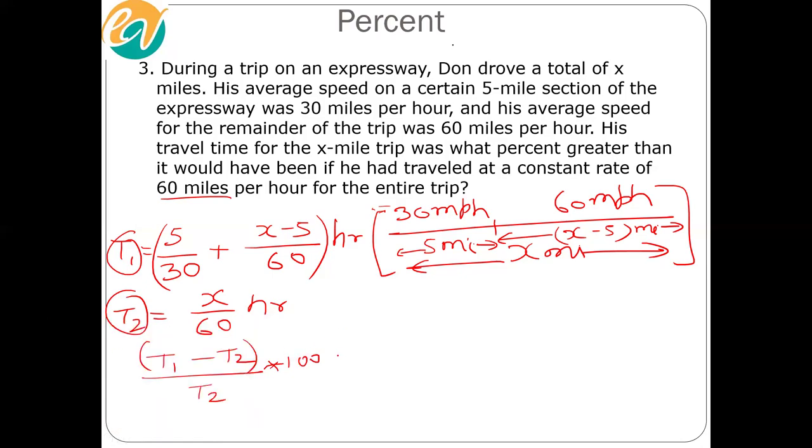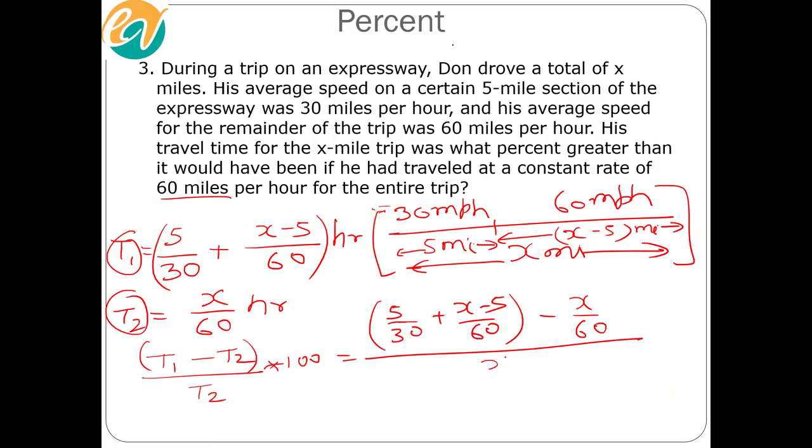So T1 is how much, guys? 5 by 30 plus X minus 5 by 60, minus T2, divided by T2, and converting into percentage. Correct?